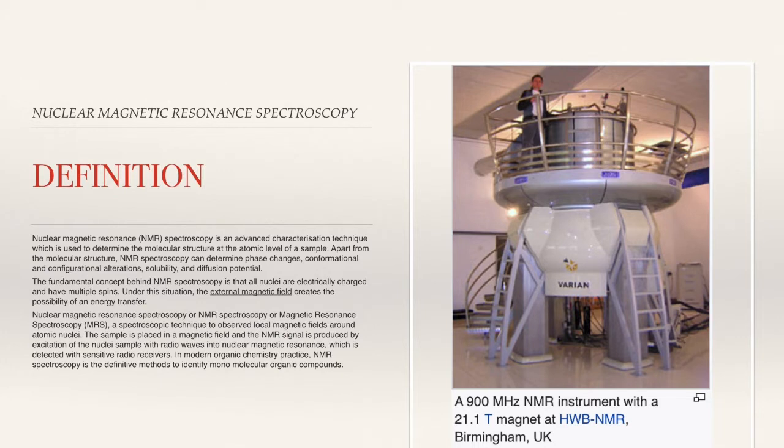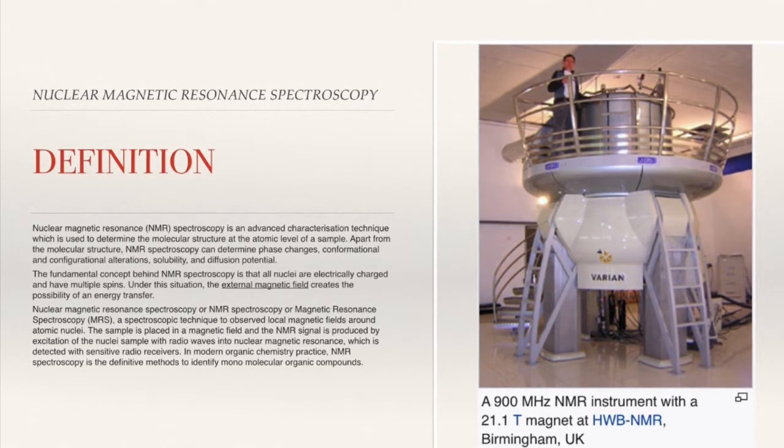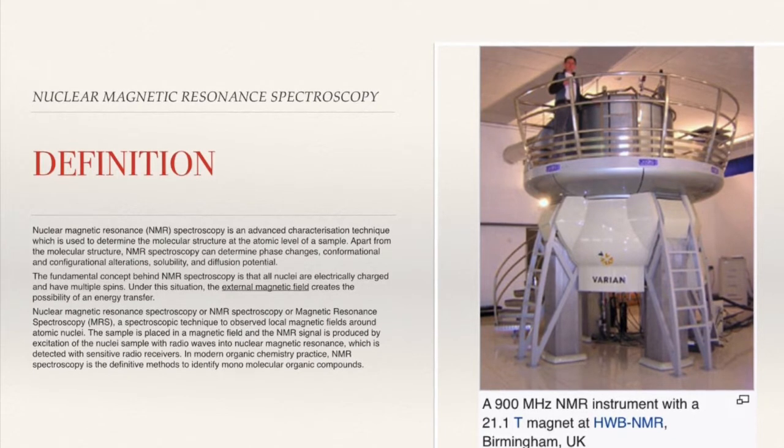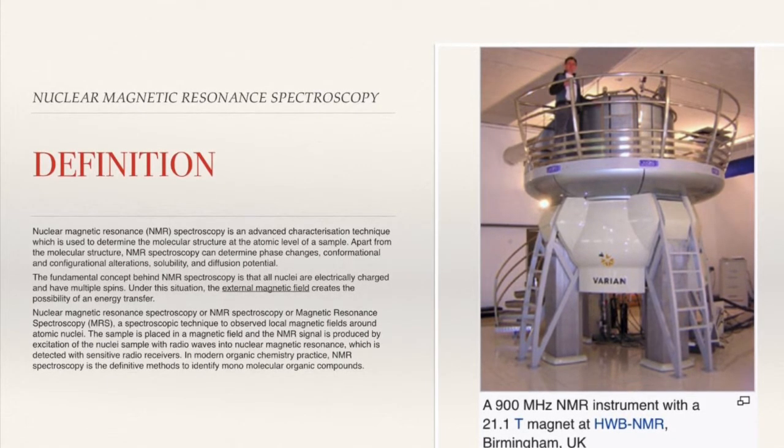Apart from the molecular structure, NMR spectroscopy can determine phase changes, conformational and configurational alterations, solubility, and diffusion potential. The fundamental concept behind NMR spectroscopy is that all nuclei are electrically charged and have multiple spins. Under this situation, the external magnetic field creates the possibility of energy transfer.